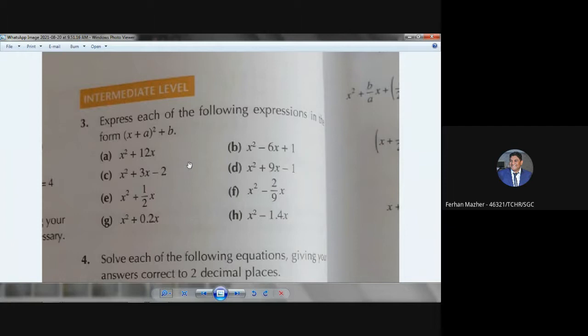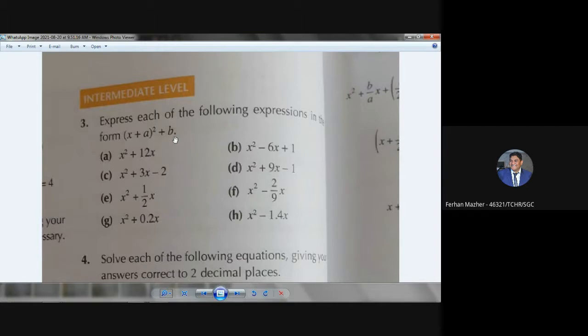In question number 3, which we did, we tried to learn a technique. The name of the technique is completing the square. It's very rare that they will use this phrase. Whenever this question comes in the paper, they will ask you to express the following expressions in the form x plus a whole square plus b.